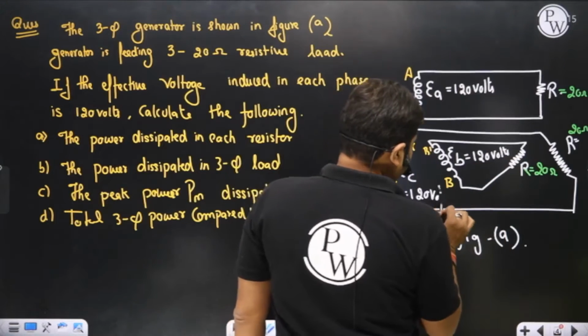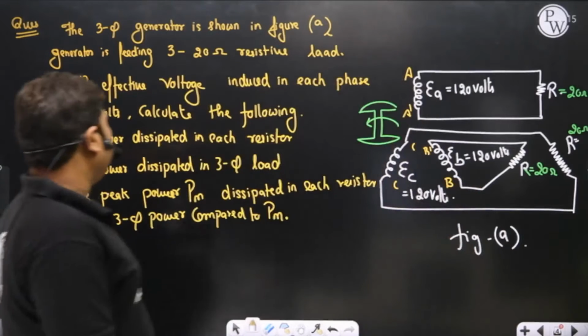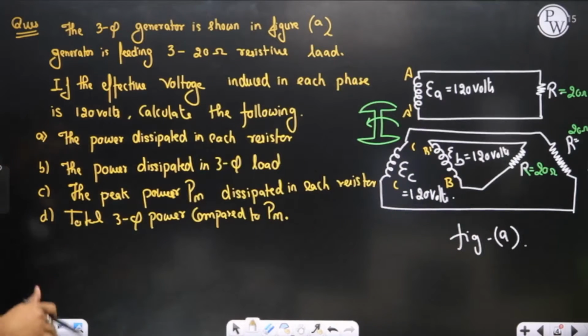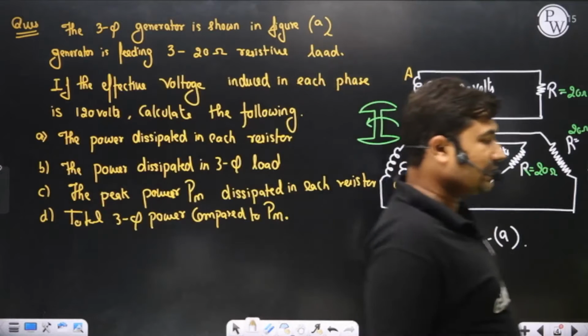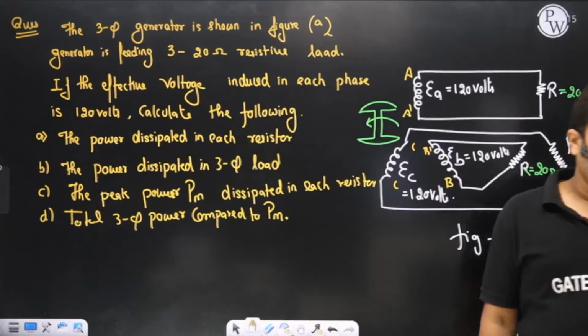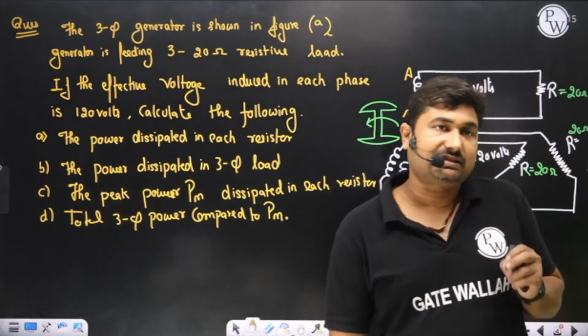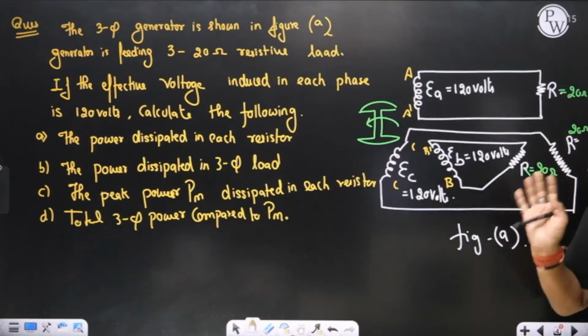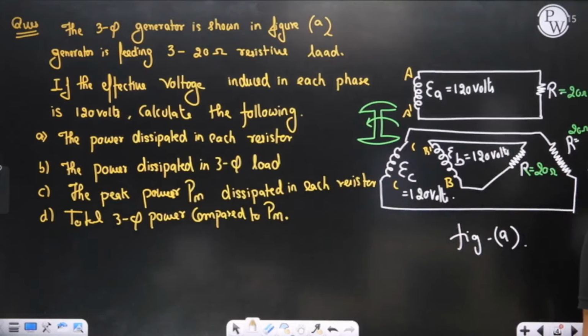Now, I am interested to calculate the power dissipated in each resistor. Please tell me what is the power dissipation in each resistor. That is a very easy part. Can you find the power dissipated in each resistor?